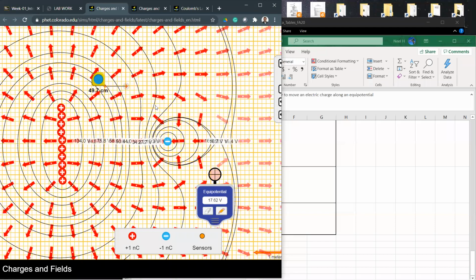Equipotential means the potential levels are the same, which means work is done only if you're moving between different potential values. That's the energy, technically, right? If you have 2 different energy points, you have to do work. But if you move along the same energy line, then you don't need to do any work.